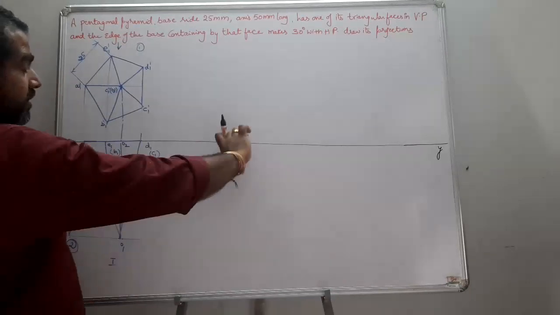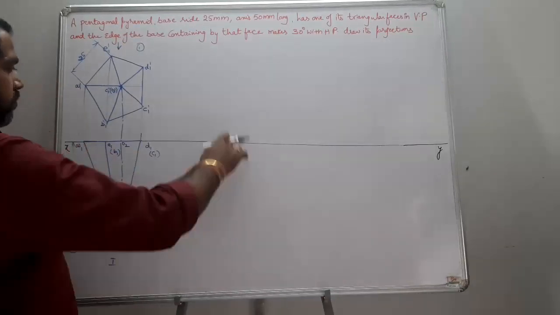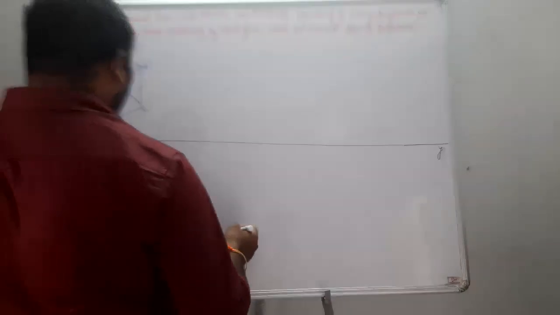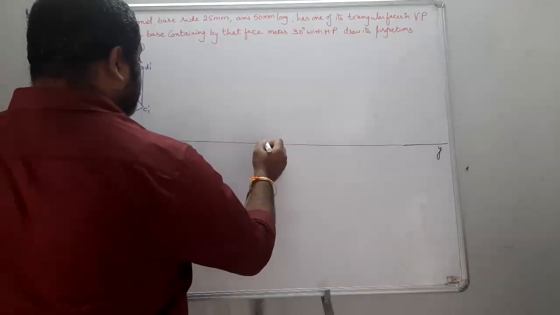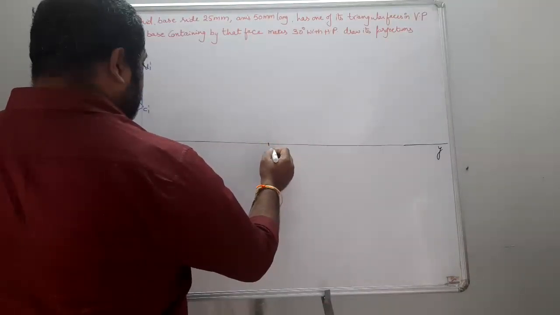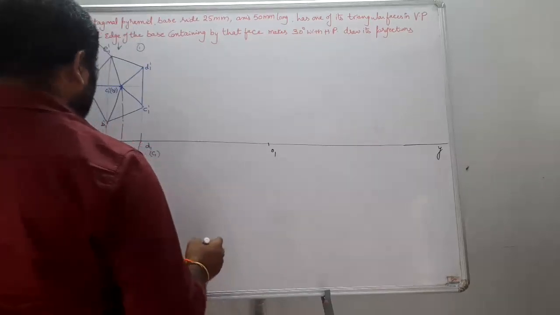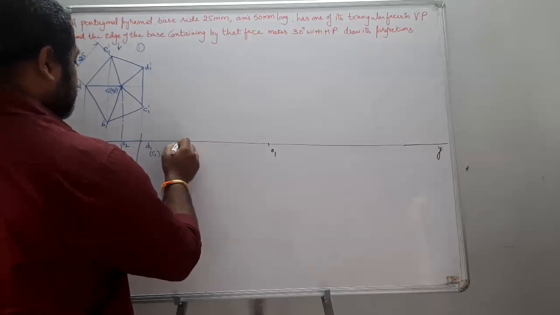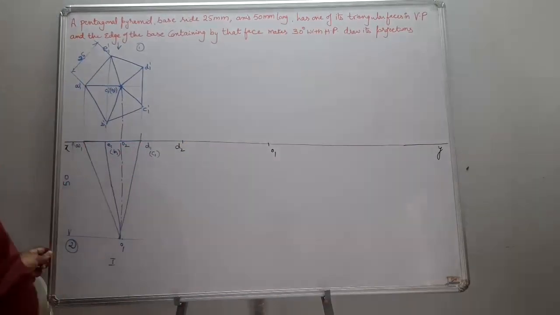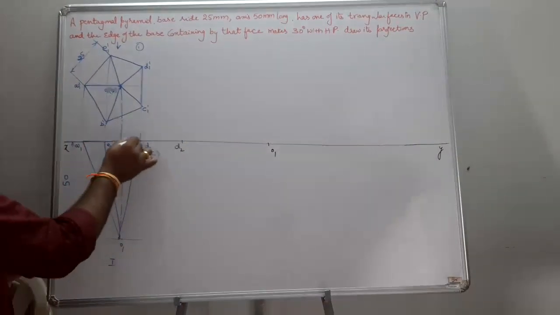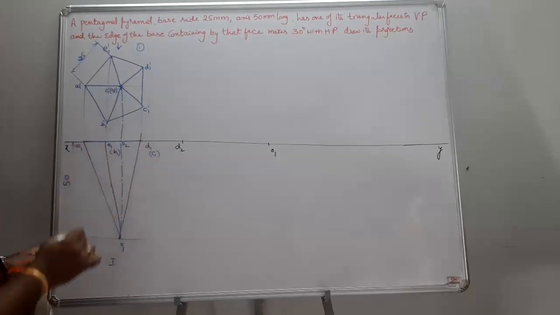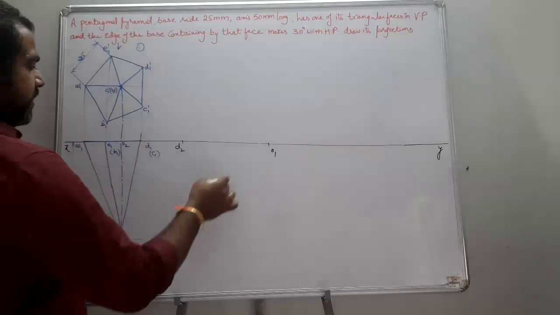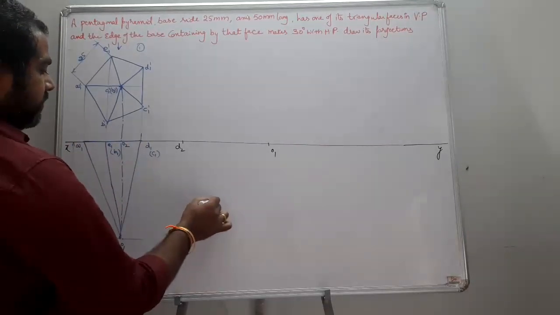I am reconstructing the figure in such a way that this OD is going to be on it. So this becomes your O1 and this becomes your D2. And I know that ODA is a triangle. So O as center, OA as radius, draw an arc.